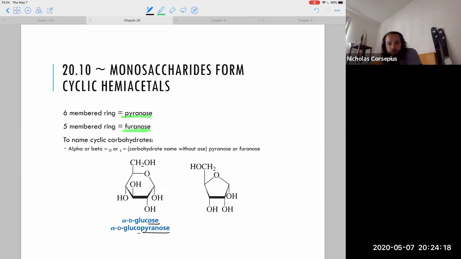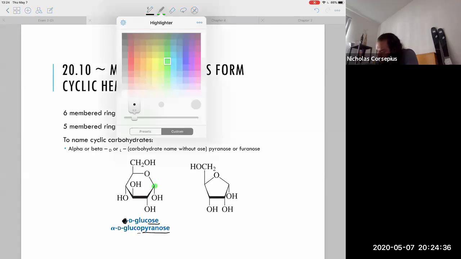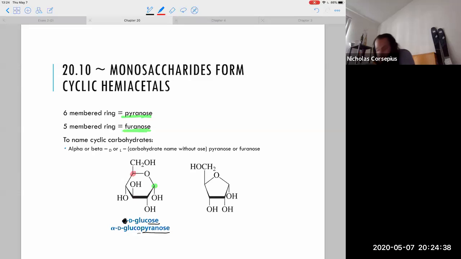So just to make sure I have this right, the alpha or beta is determined by the alcohol group on the anomeric carbon, and the D and L is determined by the very last asymmetric carbon. The last asymmetric carbon in this structure would actually be this guy here.